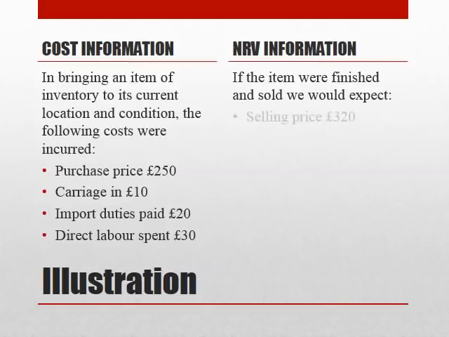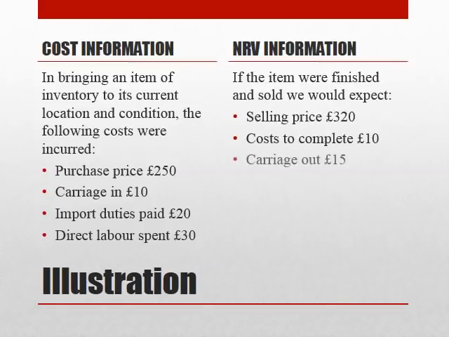So in our example, we think we'll get a selling price of £320. The item will cost a further £10 in order to complete it for sale, and we expect to incur carriage out costs, or costs of delivery to the customer, of £15.